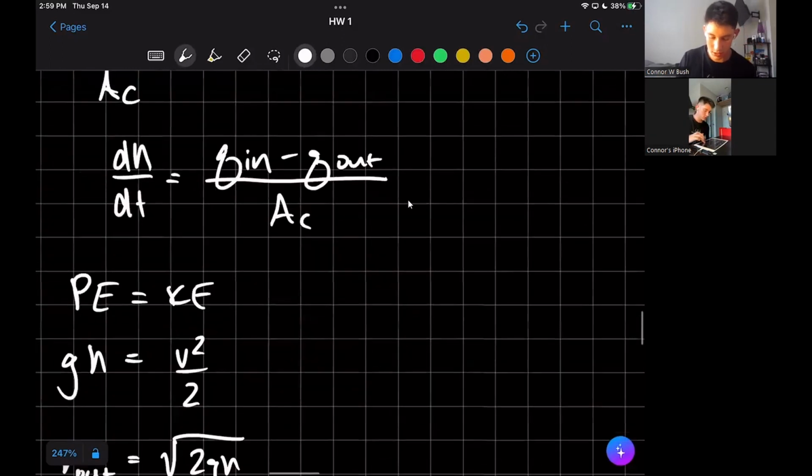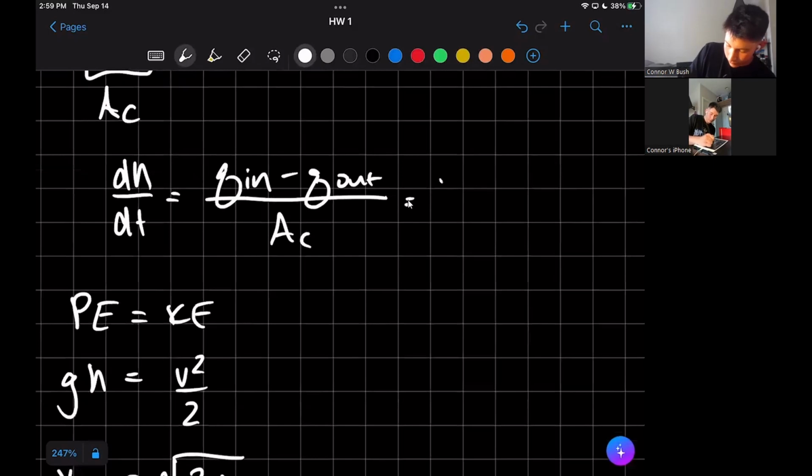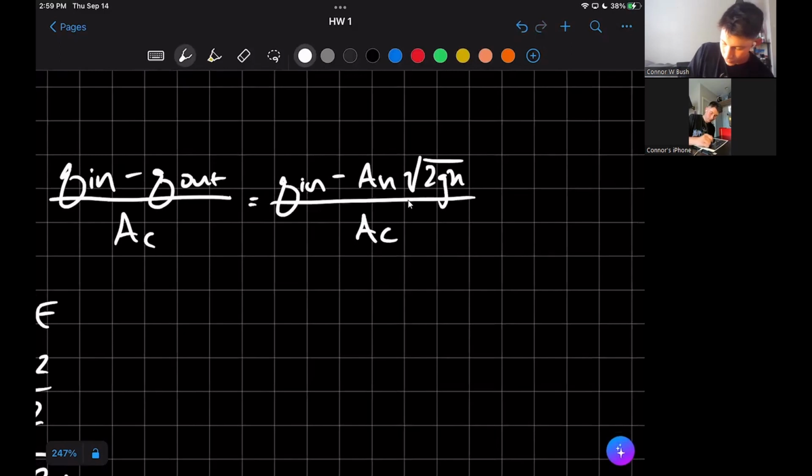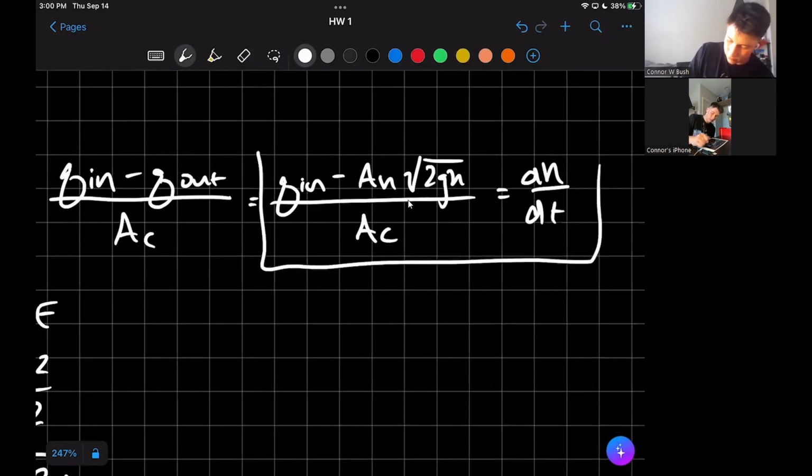So we can substitute that into this expression here for Q out. And this is what we're left with. So this is our expression for dH dt.